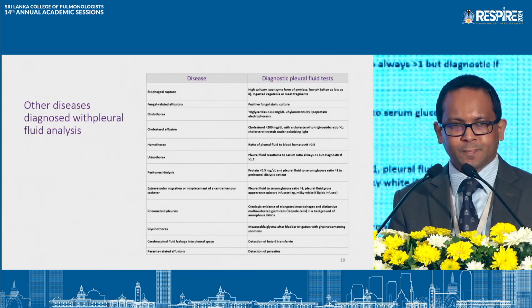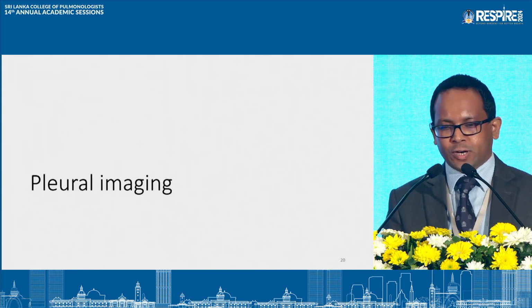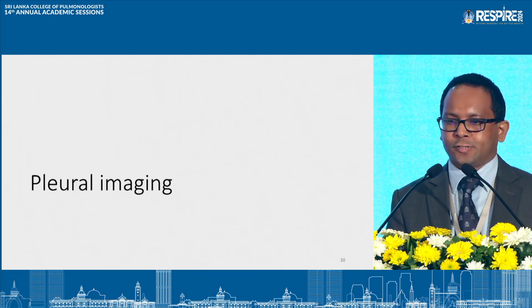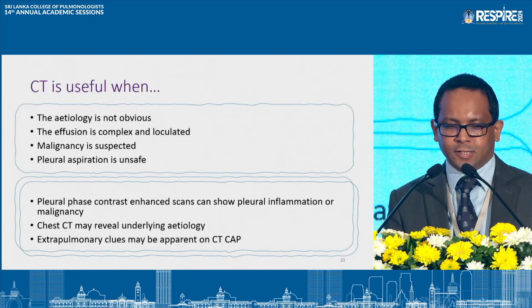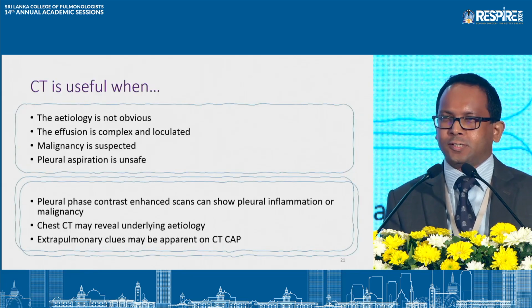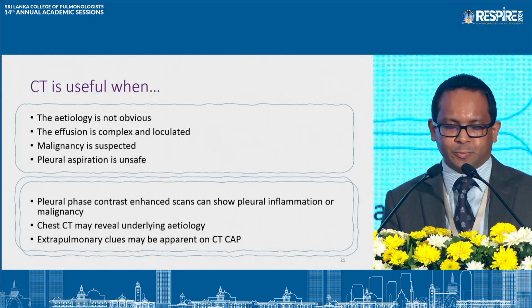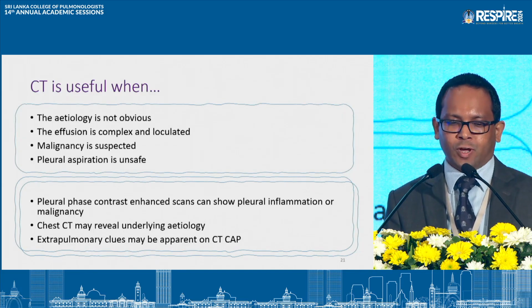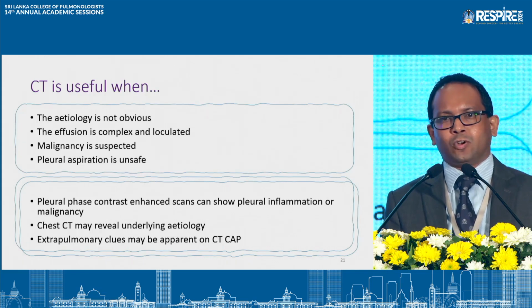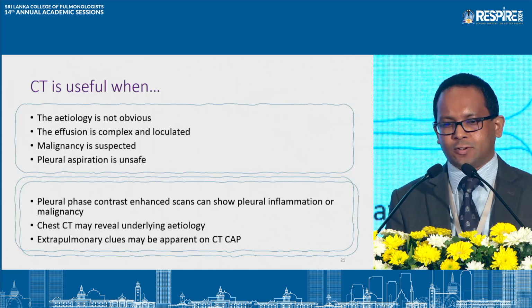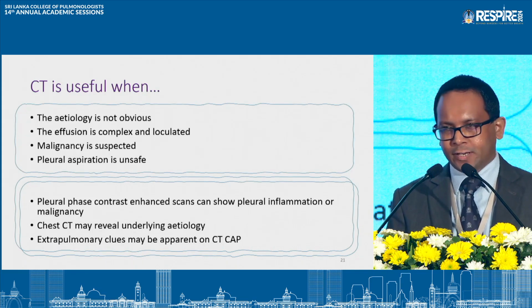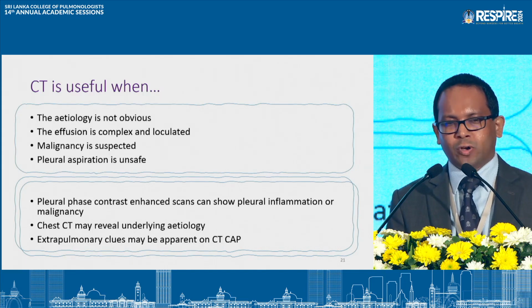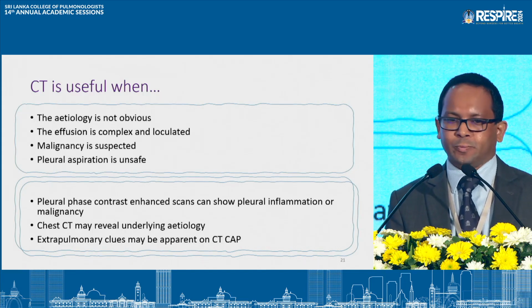When it comes to pleural imaging, we've talked about ultrasound. CT is also useful, not necessarily in all patients, but especially when the etiology is not obvious based on what we've discussed so far, the effusion is complex or loculated and may need to go down the line for surgery, if malignancy is suspected, or if pleural aspiration is unsafe or the patient declines.